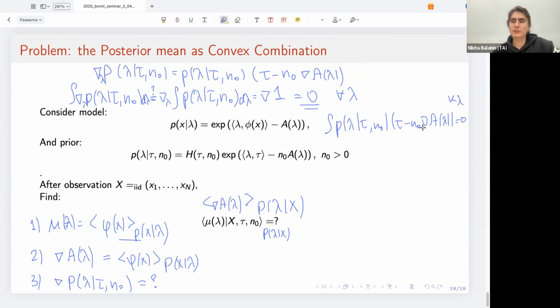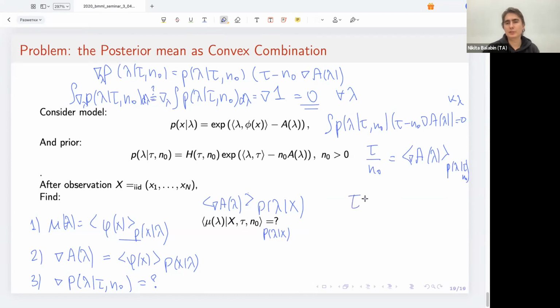Equivalently, tau divided by n sub 0 is equal to the expectation with respect to this density. Here we have the prior distribution, and we update our parameters to make the distribution a posterior.